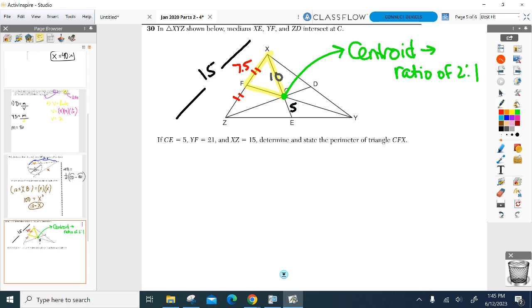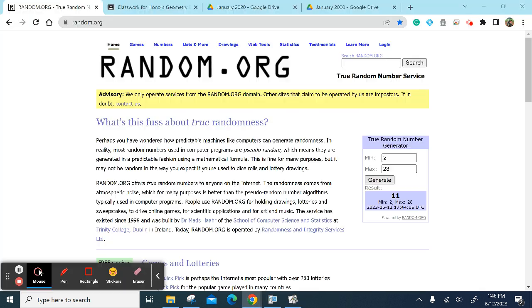Because I know one should be double the other and they add to 21. Or if you want to do it algebraically, 2x plus x gives you the whole median, which we were told was 21. Either way, you can figure out what FC is. They have to add to 21, and one's got to be double the other. So how long is FC up here? 7.